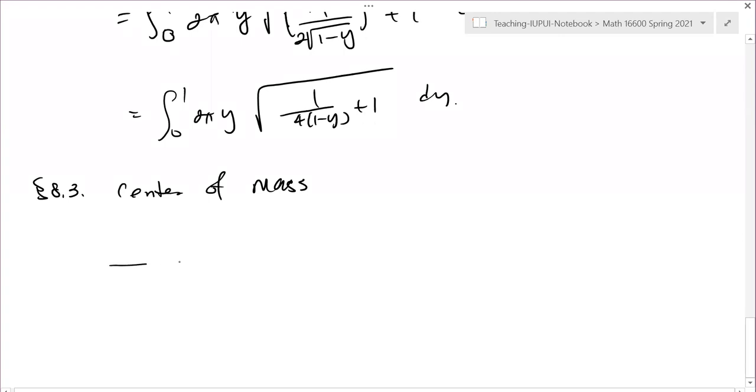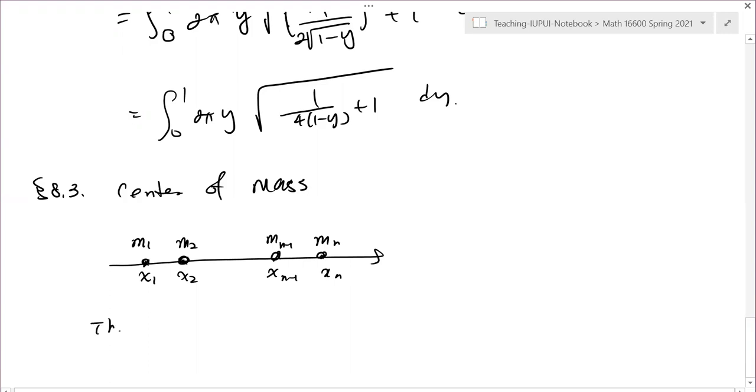If on the coordinate line we have several points, those points have coordinates x1, x2, all the way to x(n-1), xn. At each point you have masses m1, m2, m(n-1), mn.